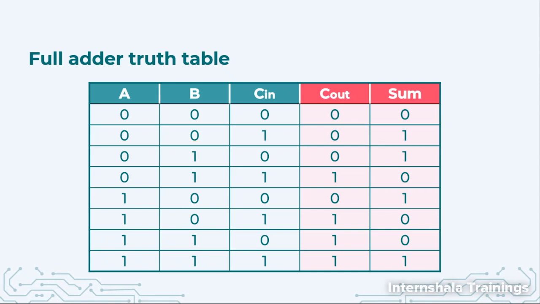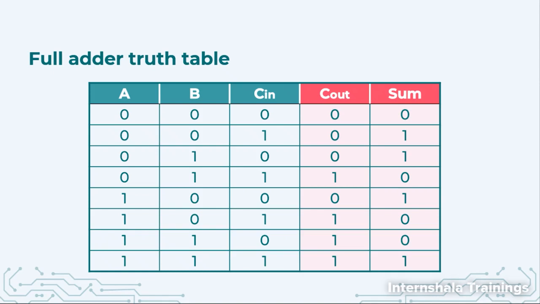Let us take the example of 0 plus 1 plus 1. The answer should be 2 and 2 is written as 1 0. If I take 1 plus 0 plus 1, then also I get 2. If I take 1 plus 1 plus 0, then also I get 2. And if I take 1 plus 1 plus 1, then I get 3 and 3 is written as 1 1. So here I have 2 bits of output, one is sum and one is C out.